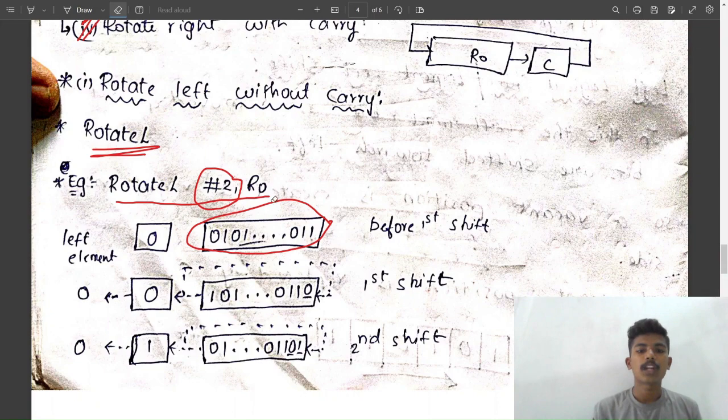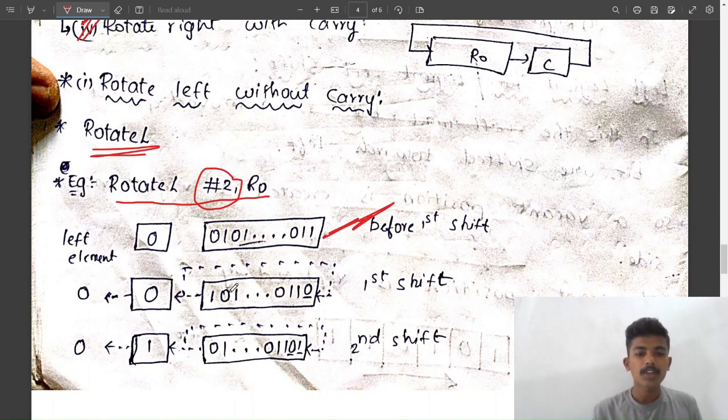Now let us see what happens when we shift this. Before the first shift, by default the data in R0 is this one. As we have to perform 2 shifts towards the left side, first let us perform the first shift.